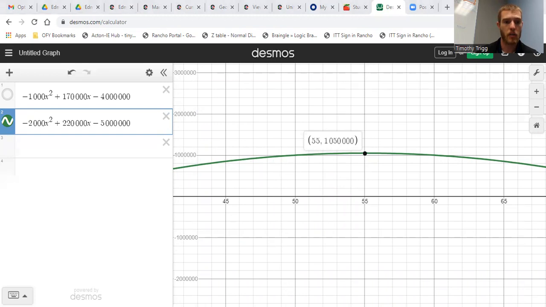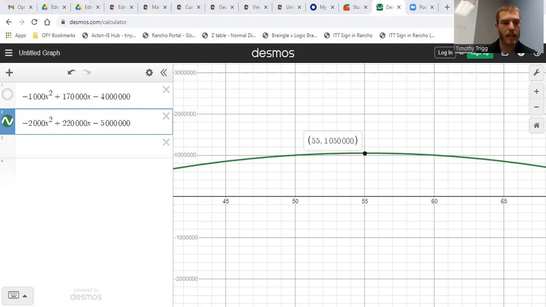Now for material 2, again, we're going to use the revenue equation minus the cost equation. Minus 4 million, minus 10,000X.